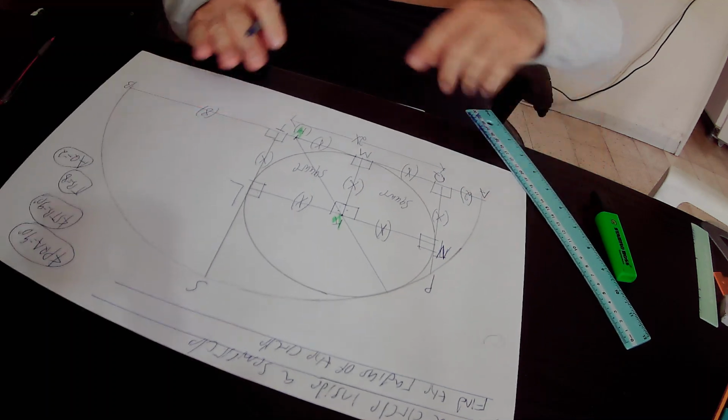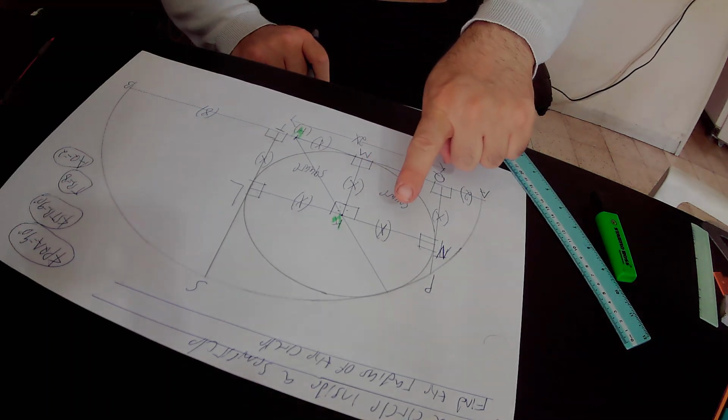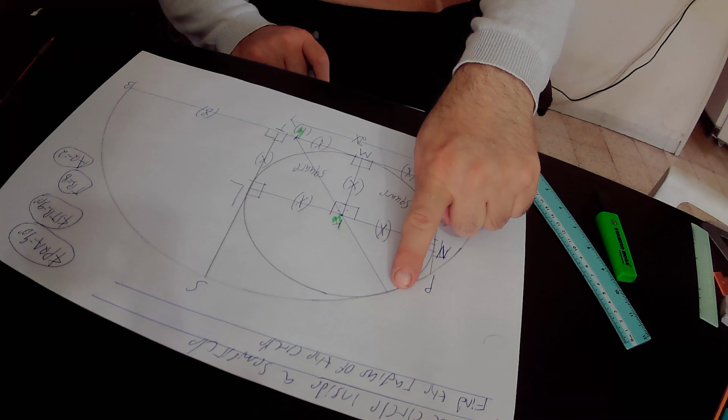You can see from the drawing that indeed the straight line HK passes through their touching point.